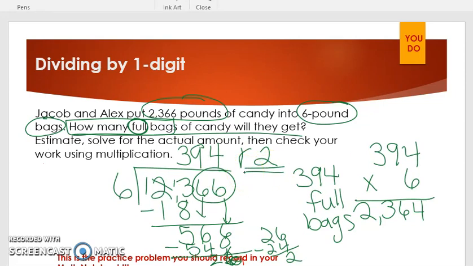The 2 that are missing to make the 66 is your remainder, but we were asking for the full bags. So we know that we got that question correct.